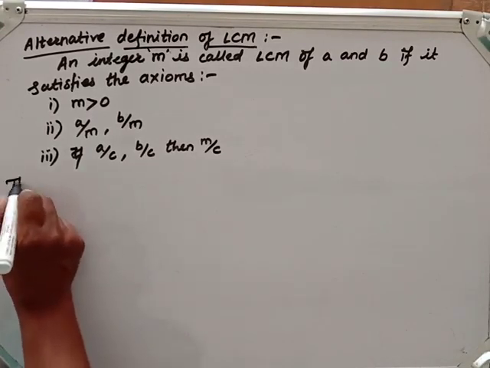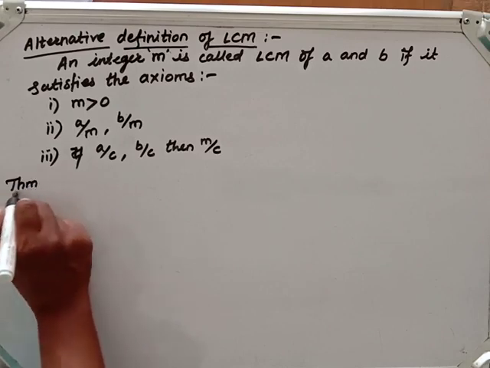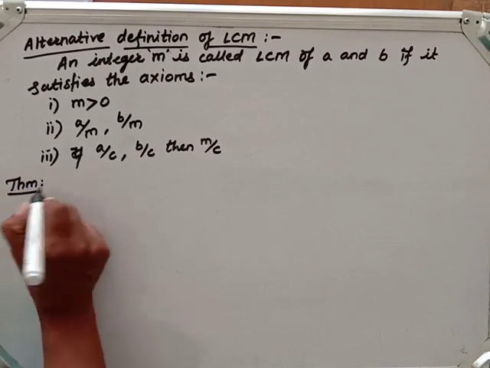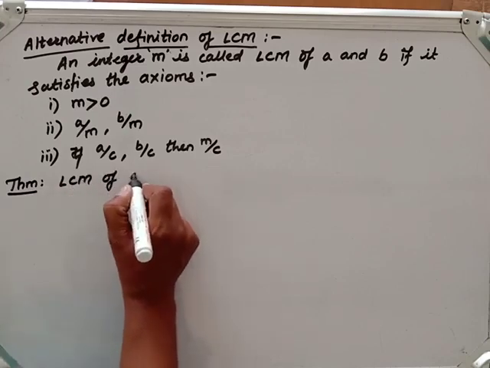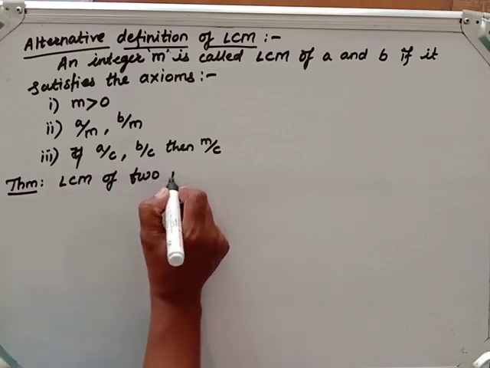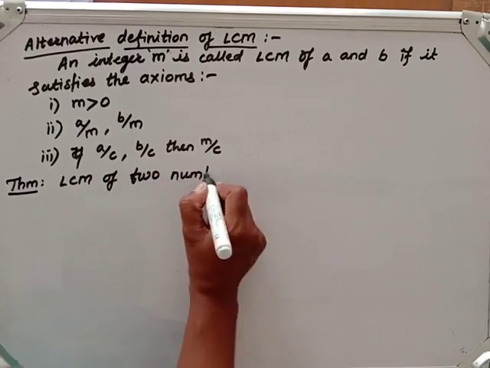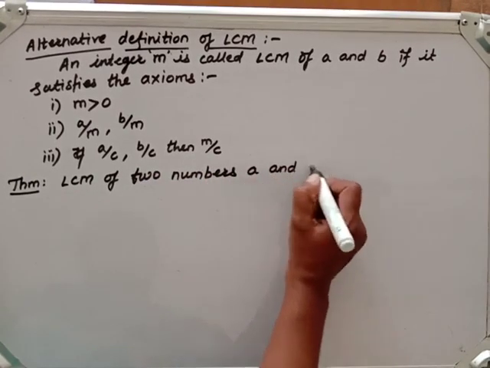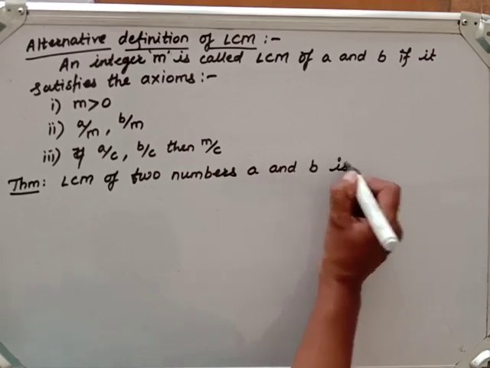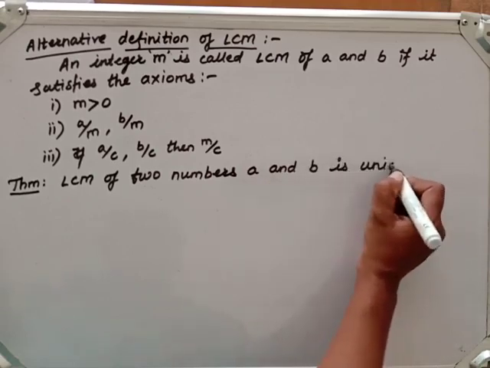Now let us see one theorem here, or one note you can say. Theorem: the LCM of two numbers A and B is unique.